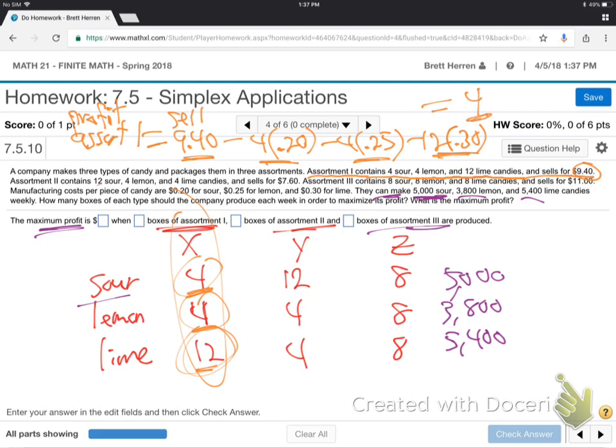So I got 4. That means $4 is the profit they make on each box of assortment 1 they sell. So that's what we're going to use in the profit function for assortment 1.